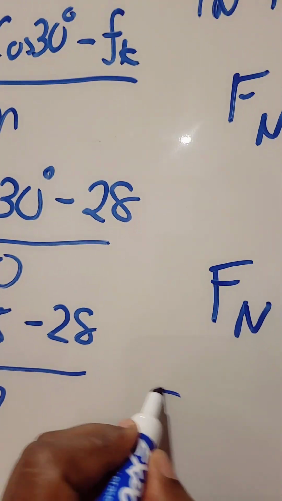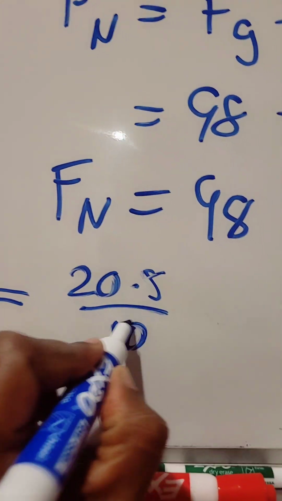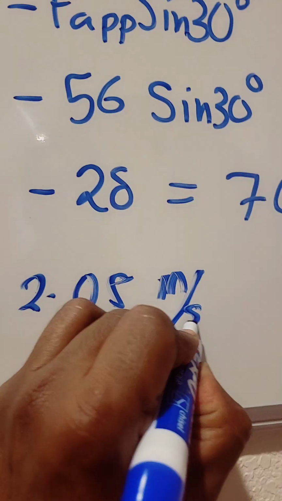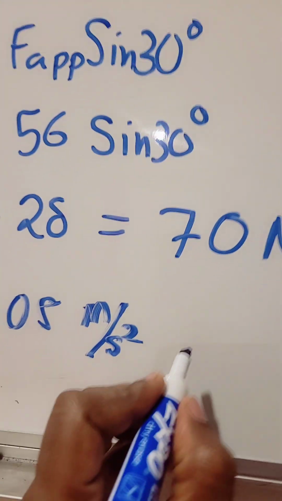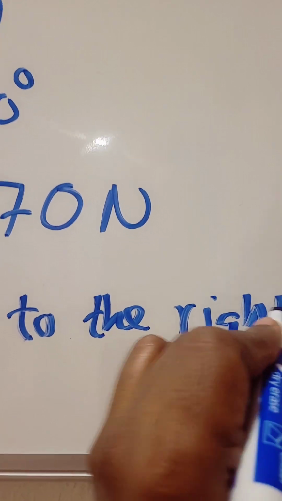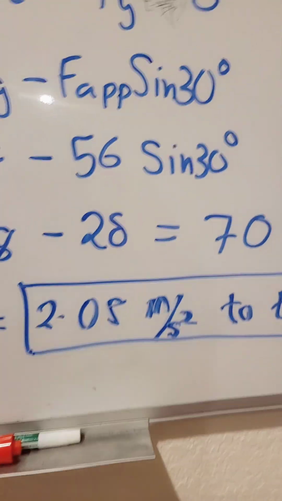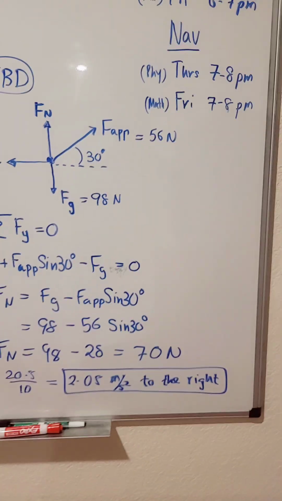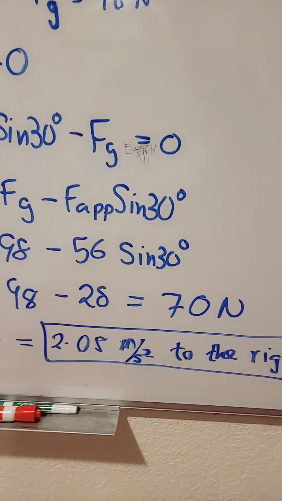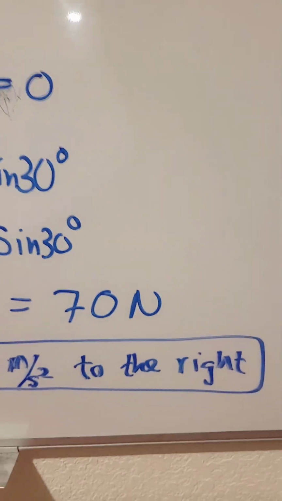Okay, so then the answer is 20.5 divided by 10, 2.05 meters per second squared, to the right. And that's how you do this problem. That's how you do it, finding the acceleration. It's 2.05 meters per second squared, to the right.